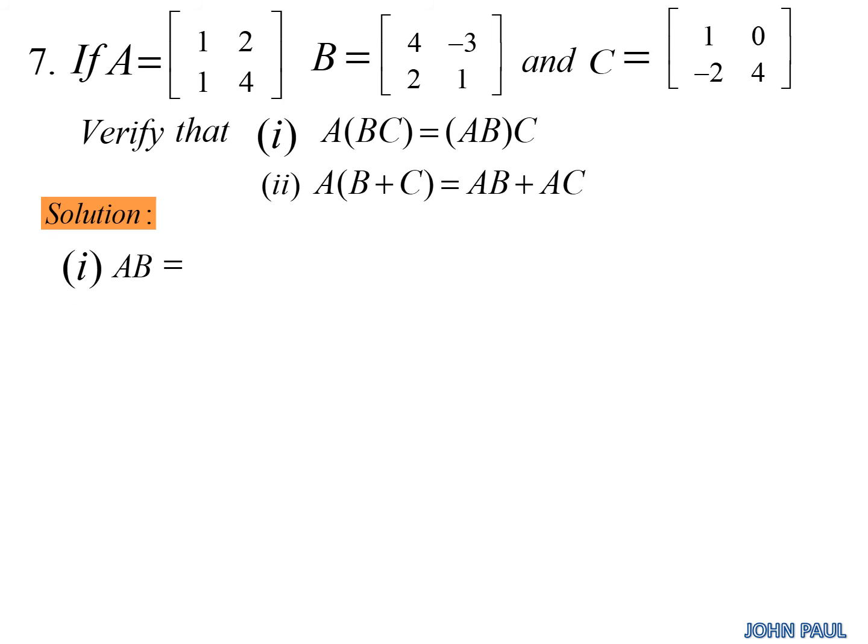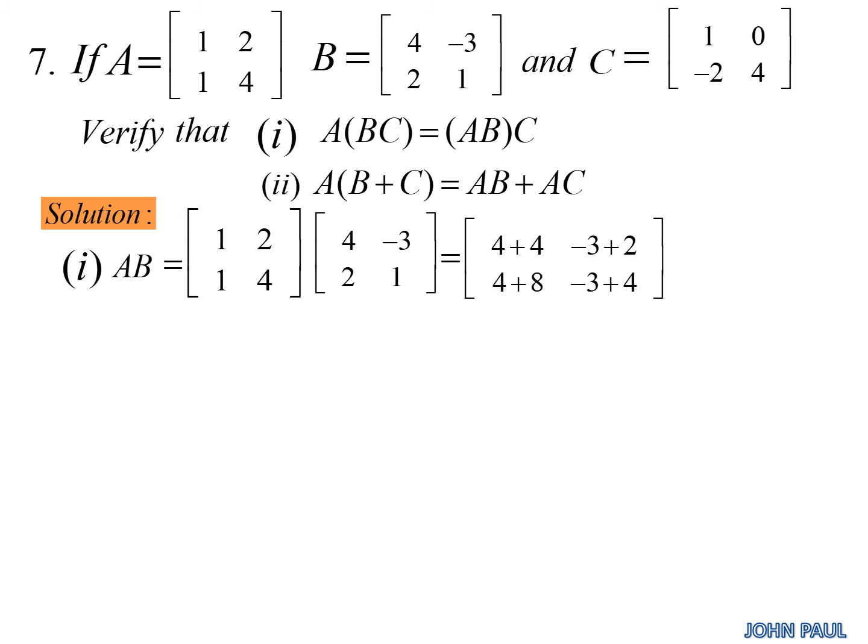First part: AB equals, substitute matrices A and B. By multiplication, first row, first column. Now we'll take the second row and by multiplying, we get AB as 8, minus 1, 12, 1.